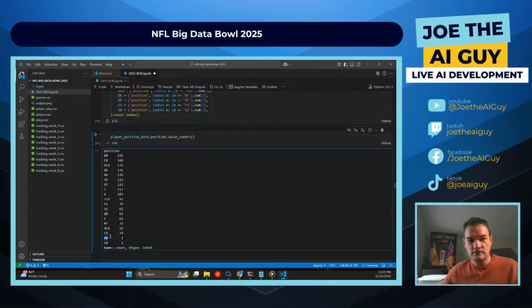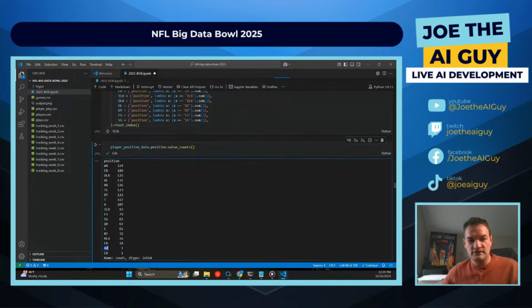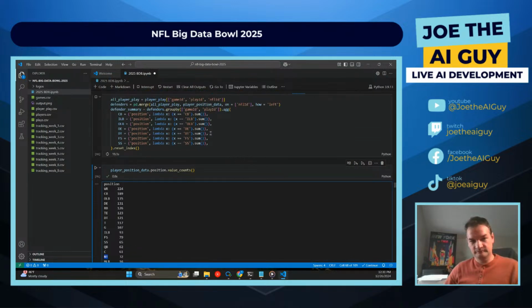You see a defensive back and a linebacker here, but only once or twice in the data set. Another thing here I missed is nose tackle.